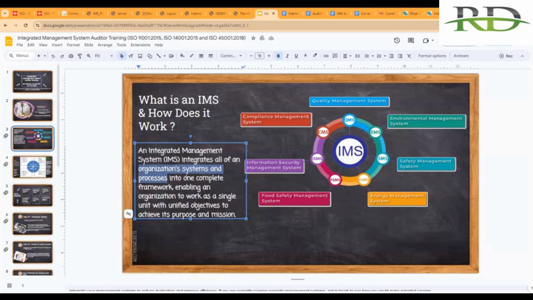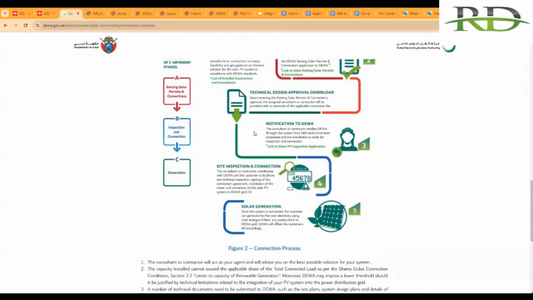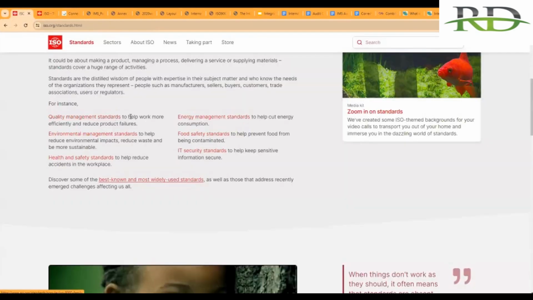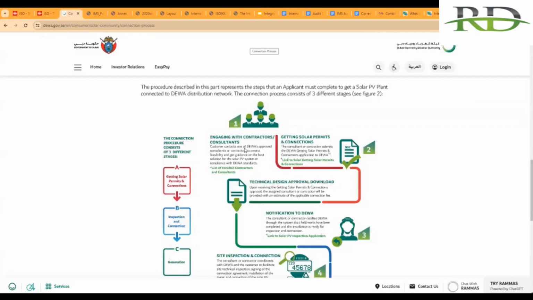So coming back to the definition, when we say you have to integrate your systems and processes, what does that mean? It means that in a process like this, you have a system to help work become more efficient and to reduce product failures. That is a system that exists in this process.